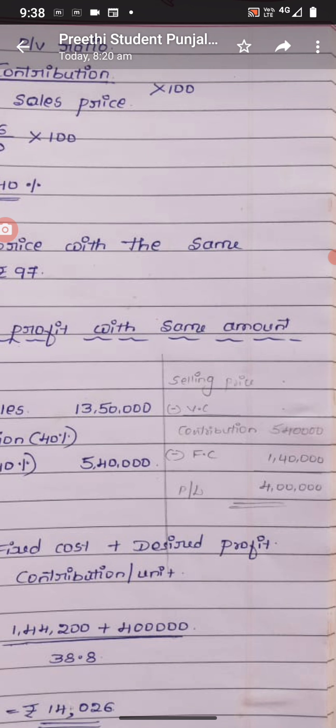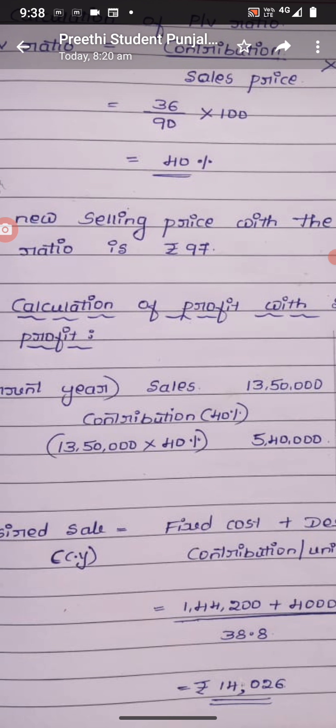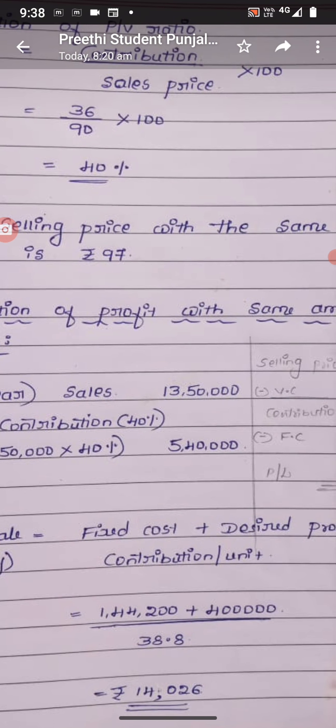So this year fixed cost is 1,44,000 plus 4 lakh divided by contribution per unit. So this is the desired sales we are going to find out. Contribution per unit we have calculated as 38.8, and desired sales is 14,026 units.